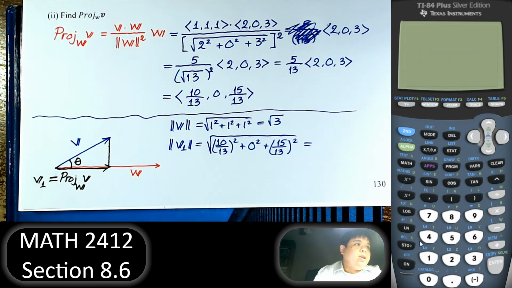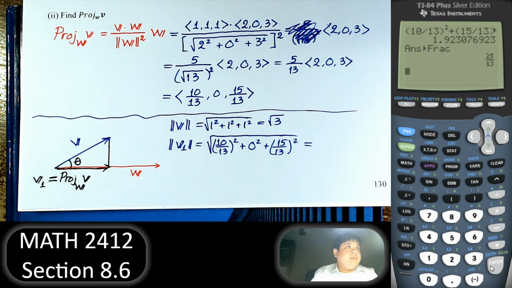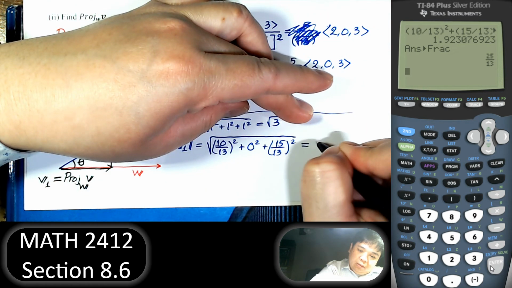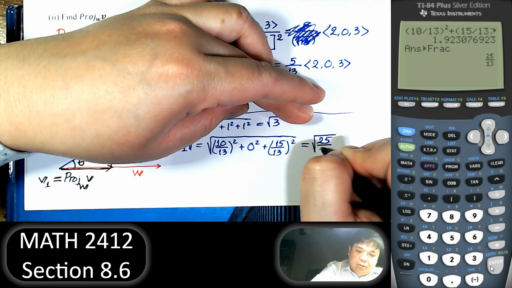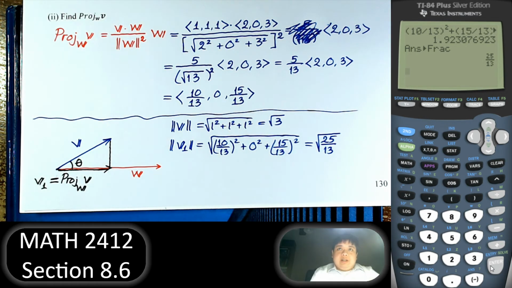So 10 over 13 squared plus 15 over 13 squared. Can we get a fraction? 25 over 13. So that is the magnitude.